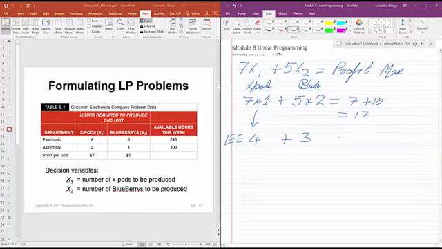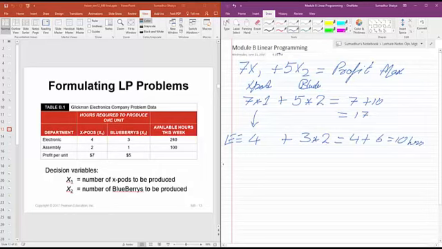So far, in this scenario, we have spent 4 times 1 and 3 times 2, so that is 4 plus 6, which is 10 hours of time in the electronics department.